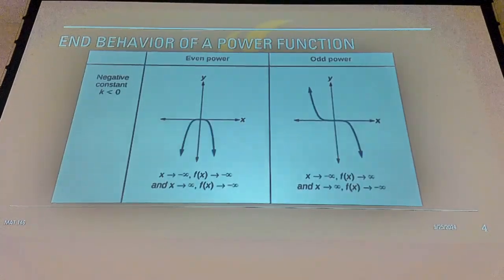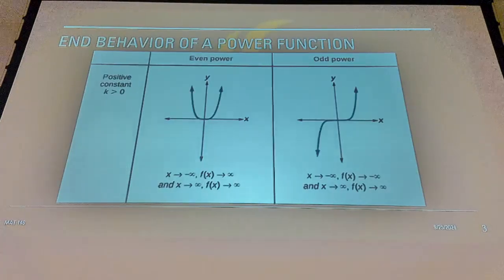So for a negative coefficient, your even power function will decrease without bound on both ends. The odd will increase without bound on the left, decrease without bound on the right. These two slides, keep them in mind.